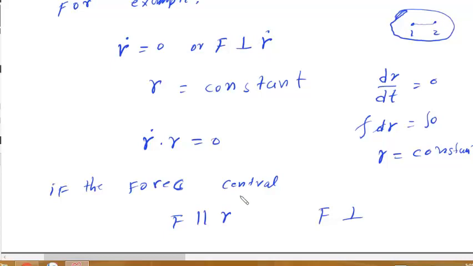This is r dot, not r, and this is always perpendicular to this one. And this central force between particles whose distance apart is fixed does no work. So it is the same situation here also: this is perpendicular to this. If this is a central force, then it is perpendicular to this, and there is no work.